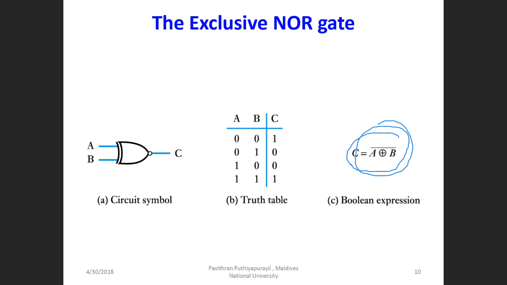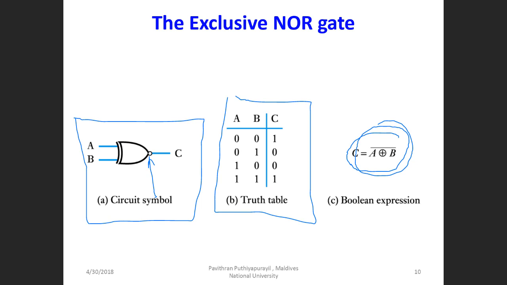The symbol of this gate is the same, the only difference is you have a bubble at the end, and that is why the output is just the reverse of the exclusive OR gate. In case of exclusive OR, we have 1 at the output if both the inputs are not the same: one should be 0, one should be 1, only then we have 1 at the output.